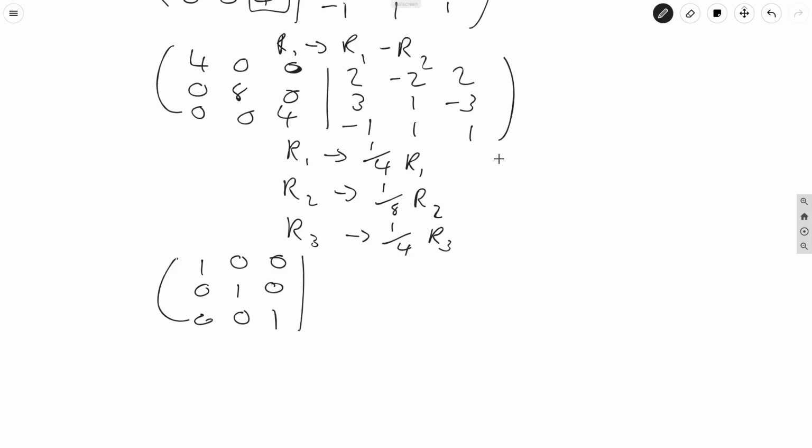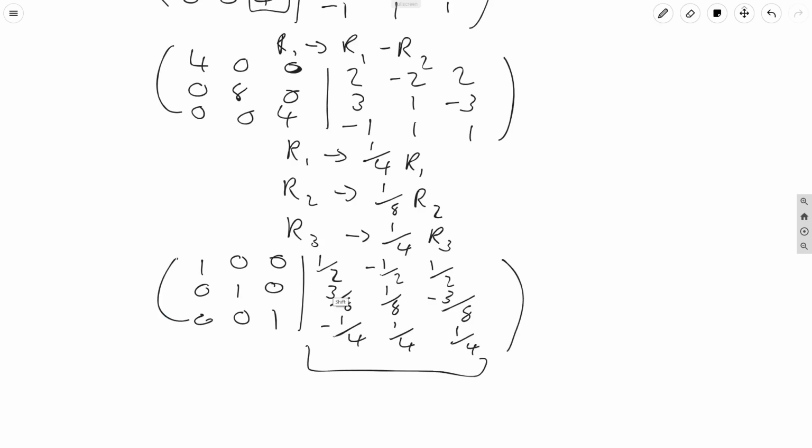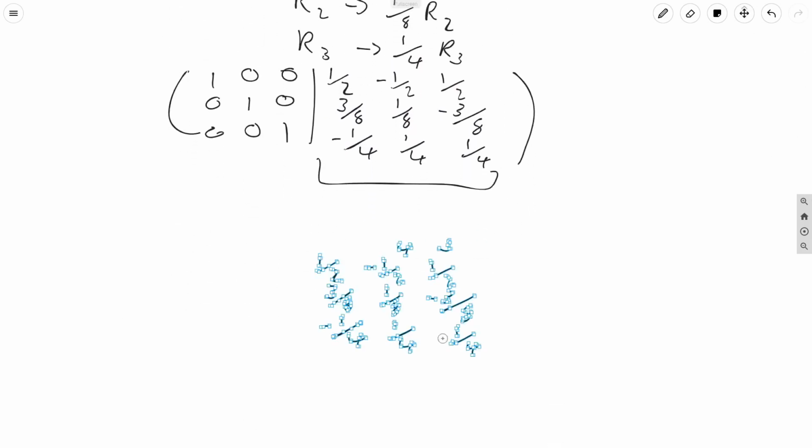And what we get up here, the first row divided by a quarter, so this is a half, minus a half, a half, 3 eighths, 1 eighth, minus 3 eighths, minus a quarter, a quarter, and a quarter. And then this matrix here, I guess we can just grab it. Sorry, these shouldn't be here, obviously. This is our inverse matrix of A. This is what A inverse is.